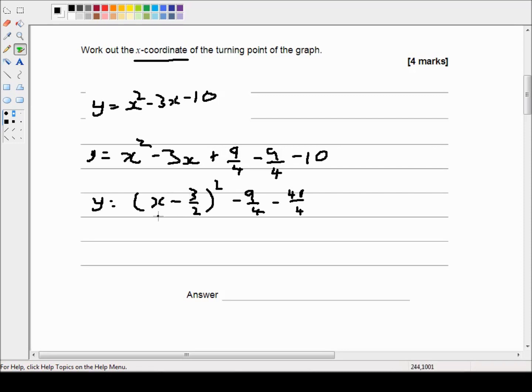So x must be 3 over 2, because 3 over 2 minus 3 over 2 is 0. So the answer is, the x coordinate is 3 over 2. Or you could write it as 1.5.